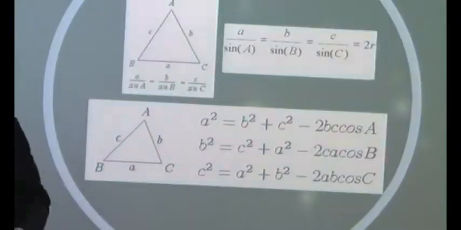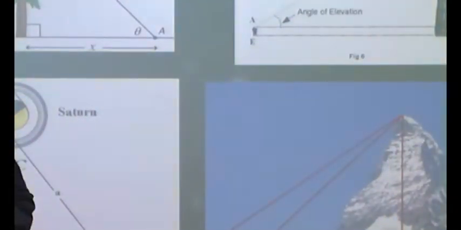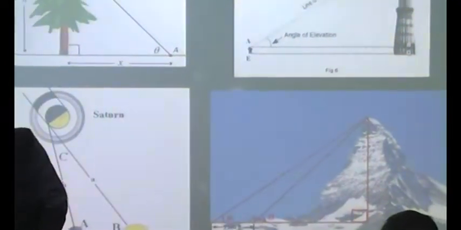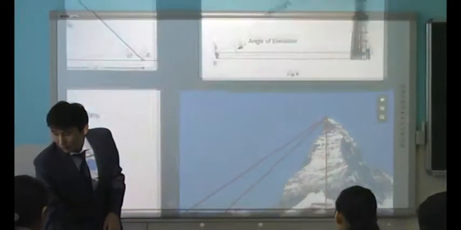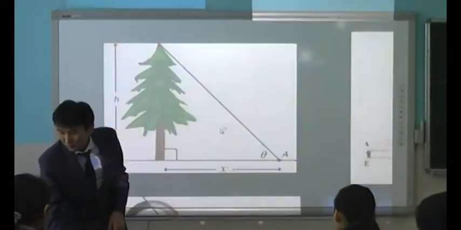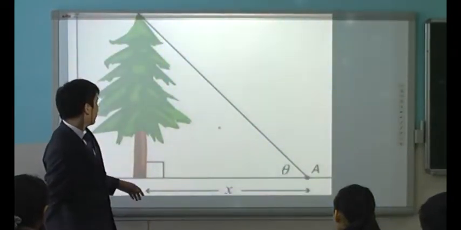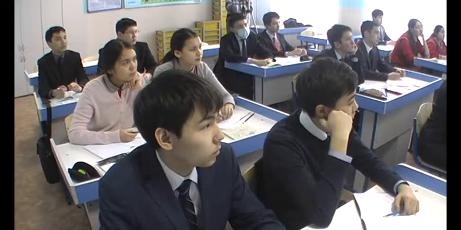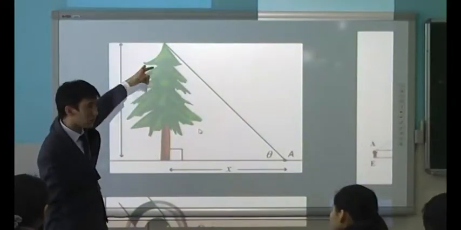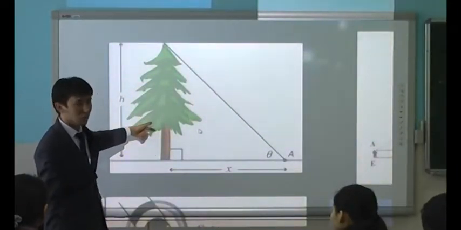Now let's try to use this and solve exercises. How can we use trigonometry in our daily life? For example, this is a tree. We want to measure the height of the tree.